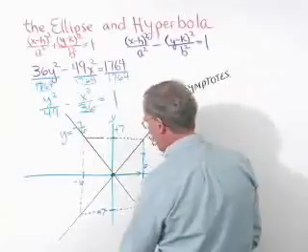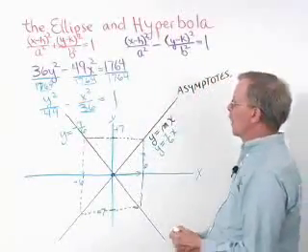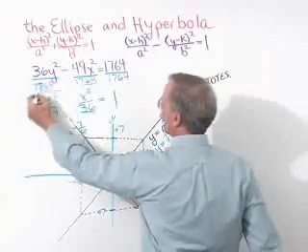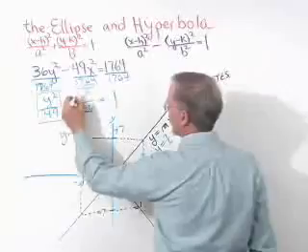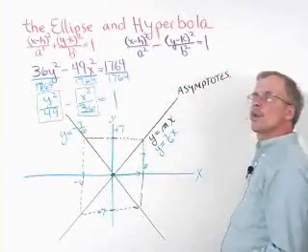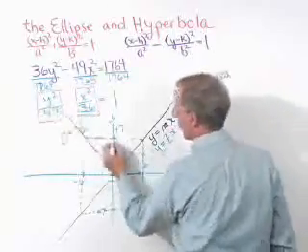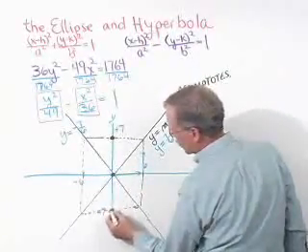We're looking for a quick sketch of our hyperbola, and when we see that the y squared is the positive fraction and the x squared is the negative fraction, we know that we have to cross the y-axis. So we'll cross the y-axis right here and right here.